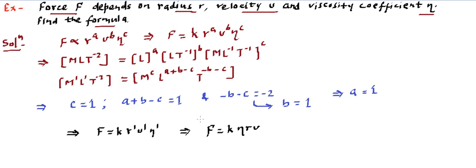So that's the relation between the quantities that we have listed in the question and the quantity that we were demanding, that's a force. So force depends directly on radius, directly on velocity, and directly on the viscosity coefficient. Again, this is the limitation that we cannot find the dimensionless quantity k. Later on you will learn that this k can be found using some experimental methods.